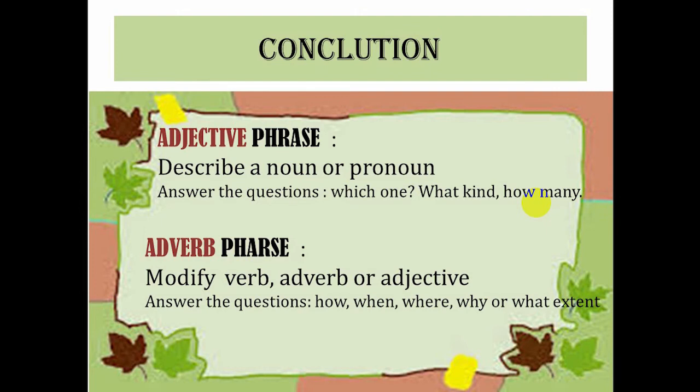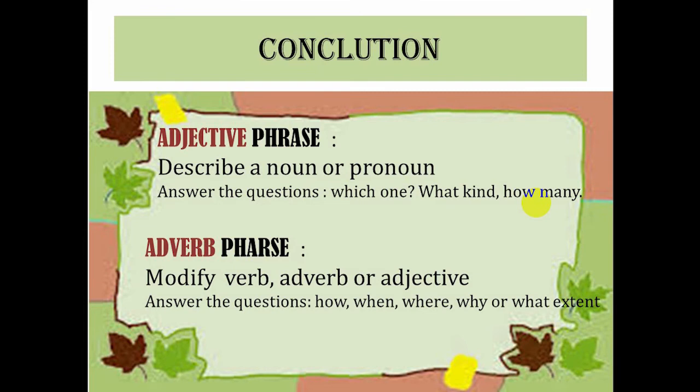Berarti dia disebut adverb phrase. Misalnya, the man standing in front of the gate. In front of the gate itu menjelaskan standing-nya. Jadi dia itu berdiri. Berdiri di mana? Berdiri di depan pintu gerbang.